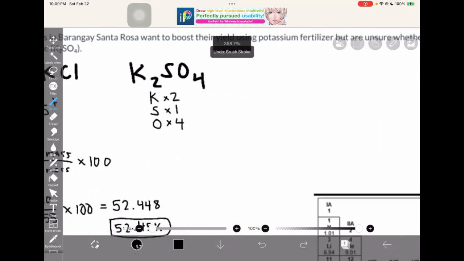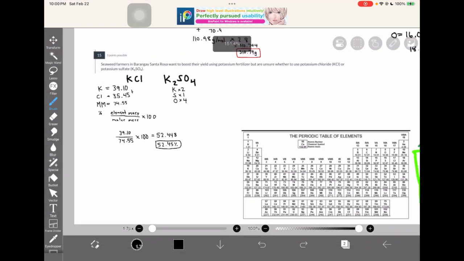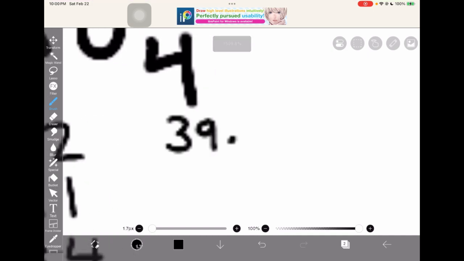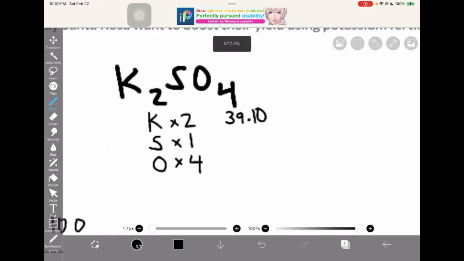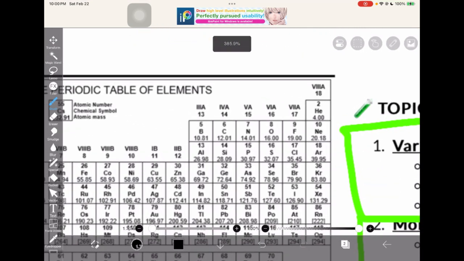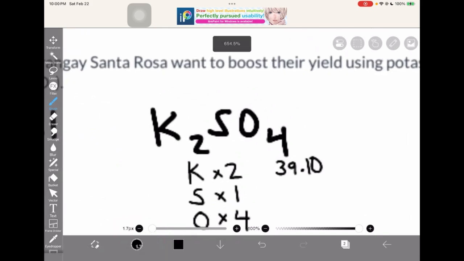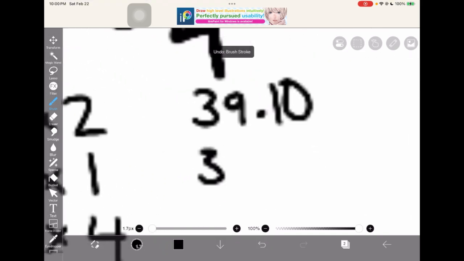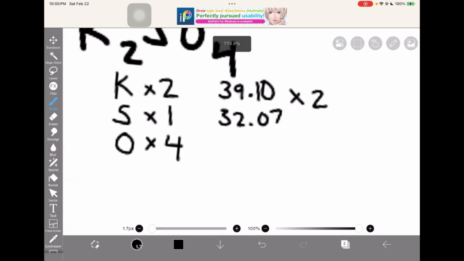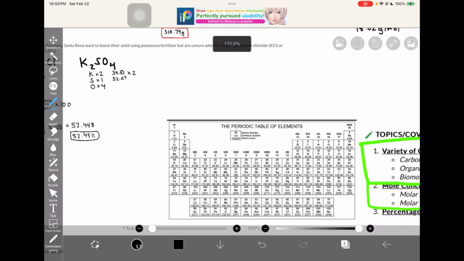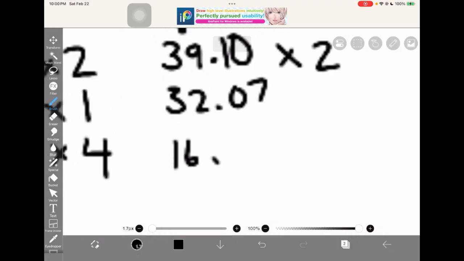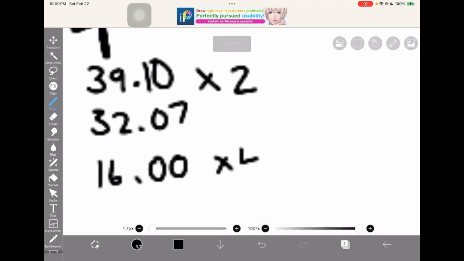Now we need to find the atomic mass for all. So we know from the previous example that potassium is 39.10. And then we have sulfur over here, that's 32.07. Then we got an O times 4, which is just 16 over there, times 4.